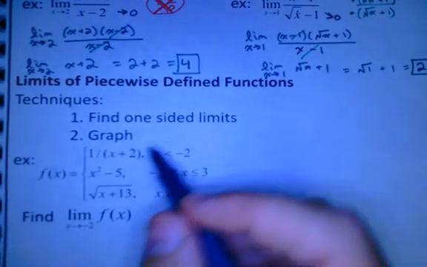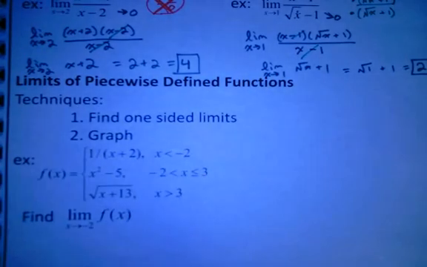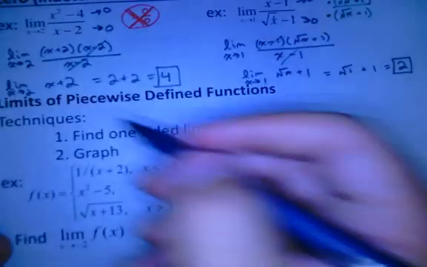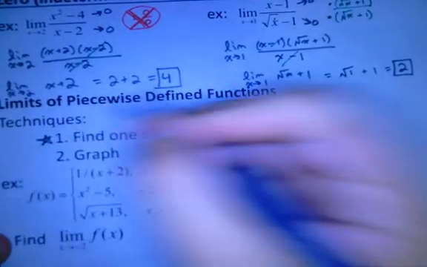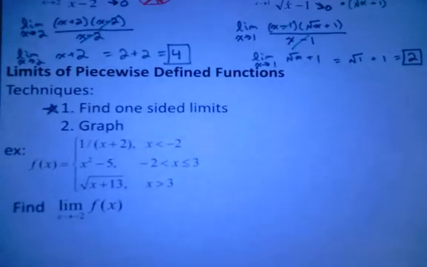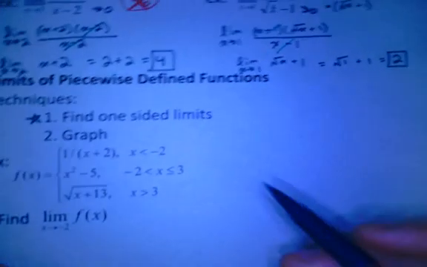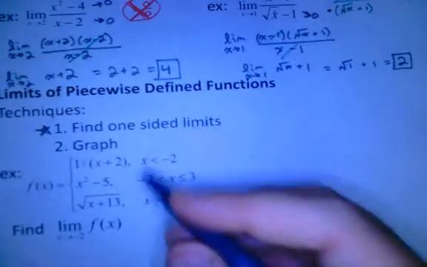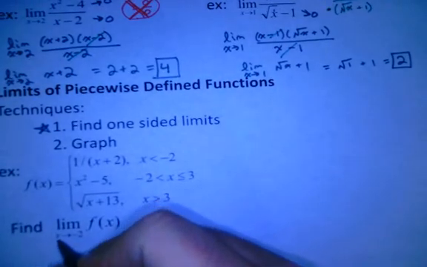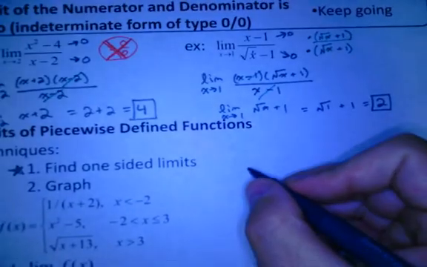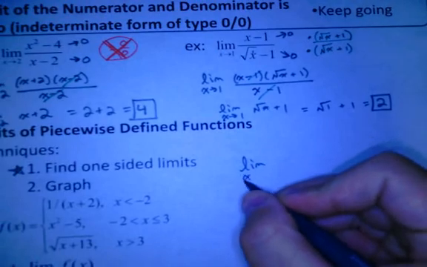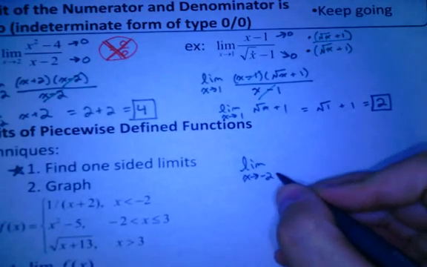Okay? So I'm actually going to do this one right here, and the graphing one you can try on your own. So when you find the one-sided limits, I'm trying to find the limit here as x approaches negative 2. So I need to find the limit as x approaches negative 2 from the left first of f of x.